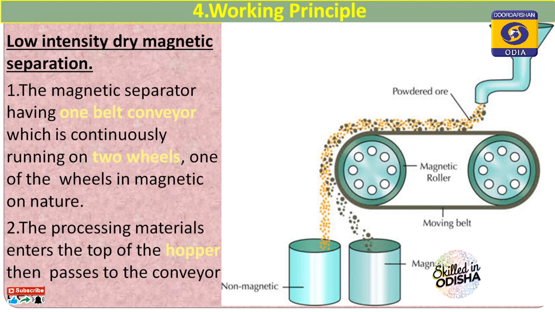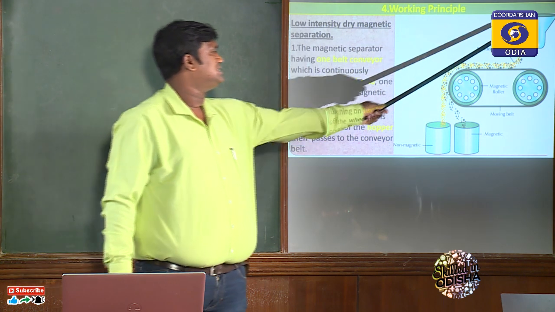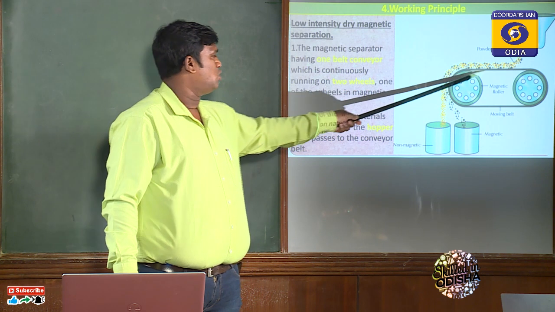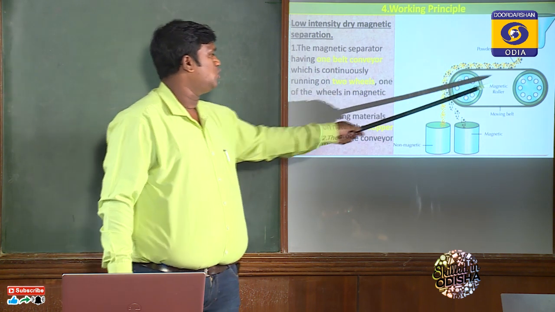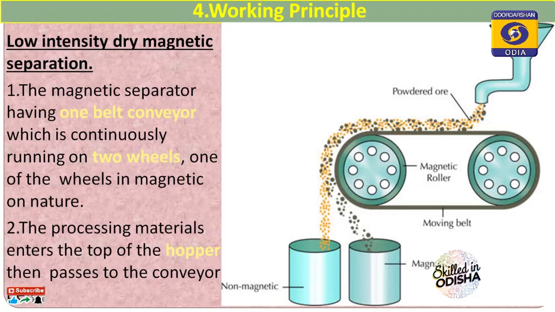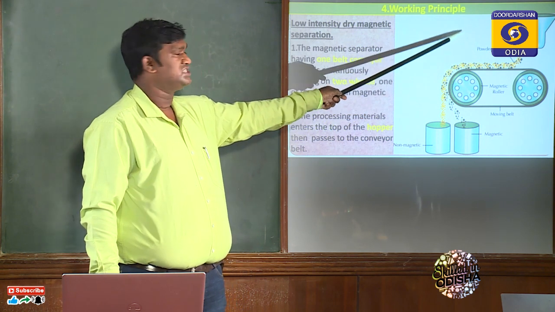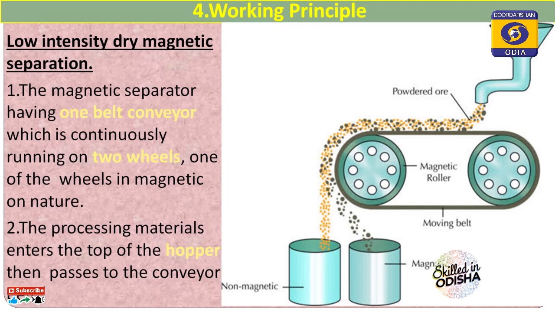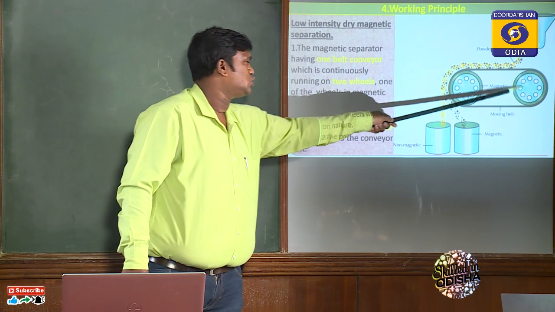What is the working principle? Basically we can show it in the figure. Here in the figure we see that this is a feeding hopper. This is a conveyor mounted on two magnetic rollers, and there are two collecting boxes. Here, the powder ore or concentrated ore is fed from the feeding hopper, then passes to the belt conveyor, which is continuously running on the two rollers.